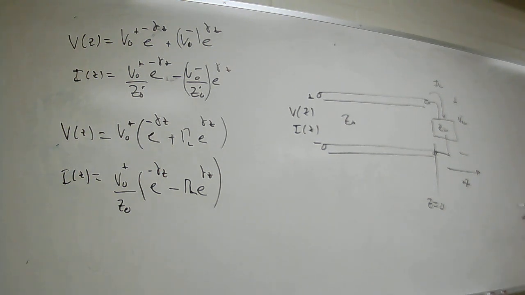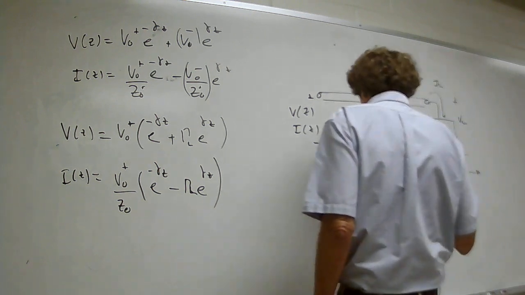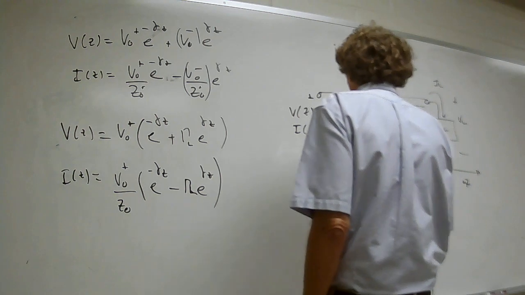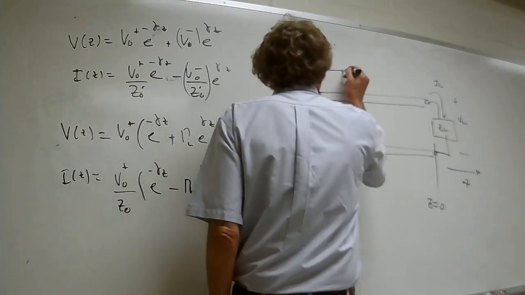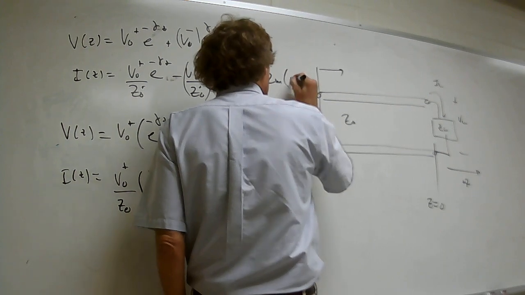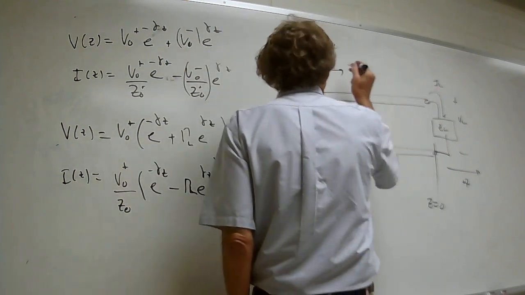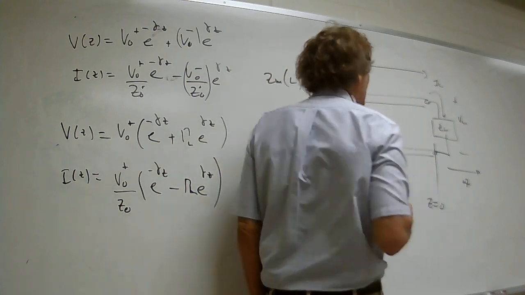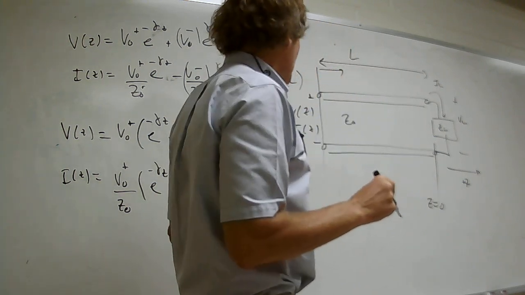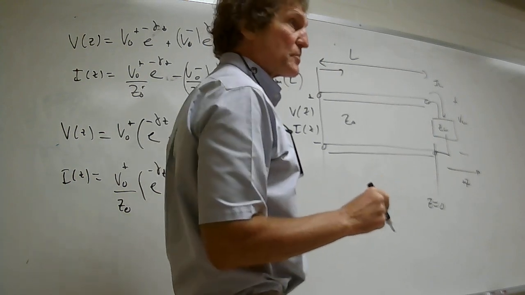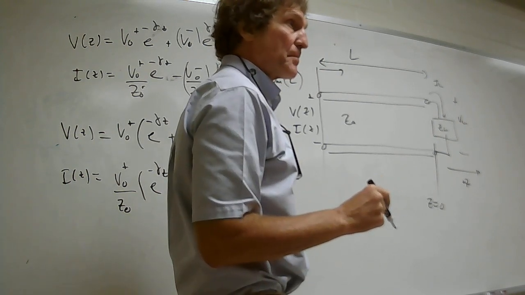So now, remember, that's positive Z here. And now what we're going to do is this. If we wanted to know the input impedance right here, call it Zin, as a function of the length of the line, this is going to be the length of the line. It's strictly positive. It's measured from the load to the point where you want the input impedance. Pay attention to this. This is real important. Everybody follow me on this?